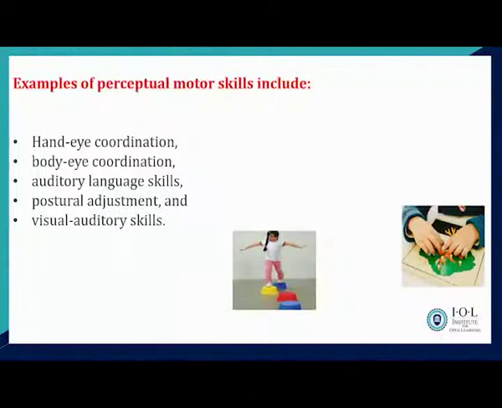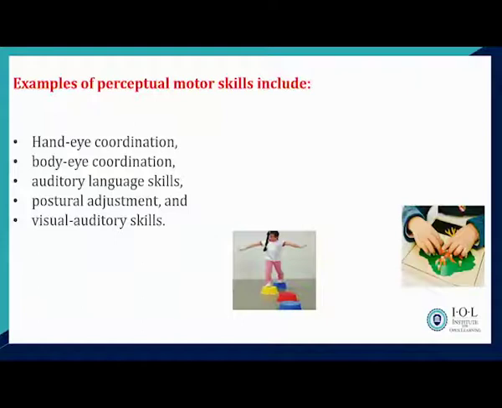Now, let us look at some examples of those activities that we were talking about. What does it entail? It works with the hand and eye coordination. You will notice that when a child picks up an item, is he able to hold it properly? The eye coordination, the body and eye coordination, the auditory language skills, postural adjustment.